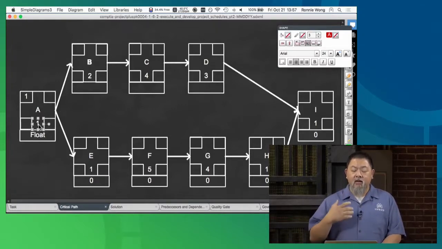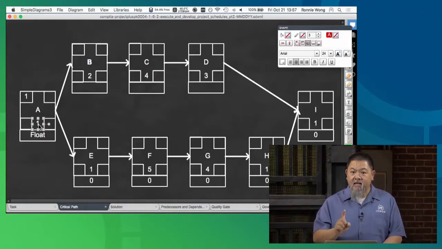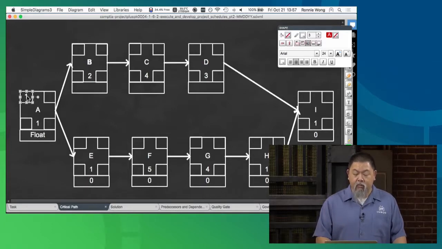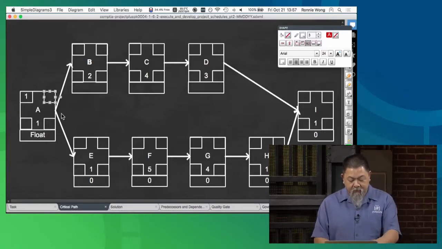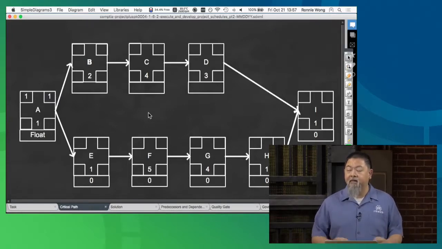The earliest day that I can start on this task is day 1. If that particular task lasts 1 day, it's going to finish at the end of day 1. So if a 1-day task takes a whole 1 day, that means it finishes on that same day.